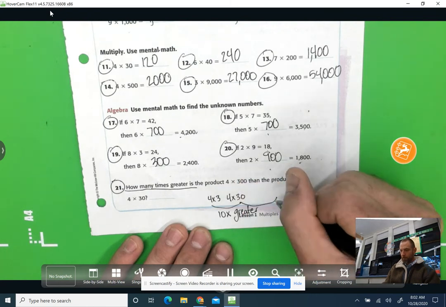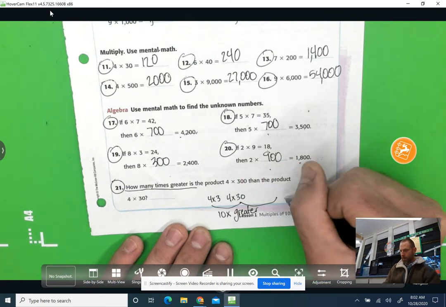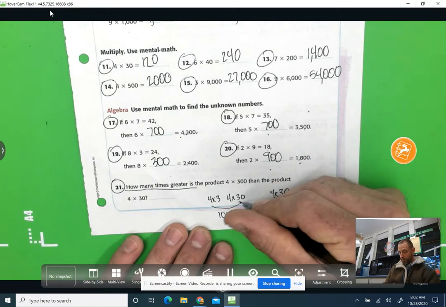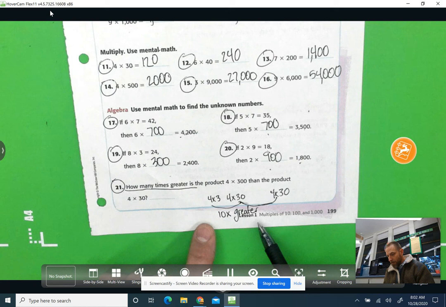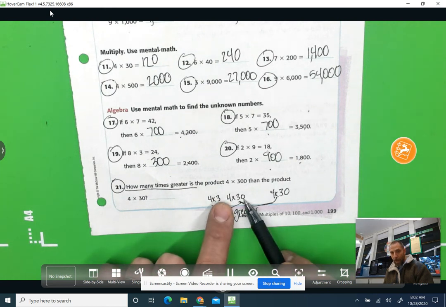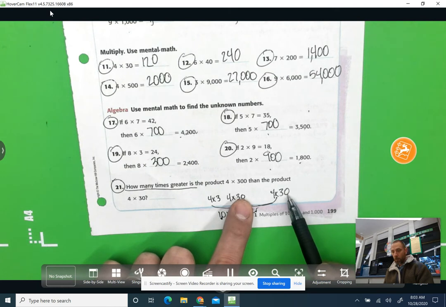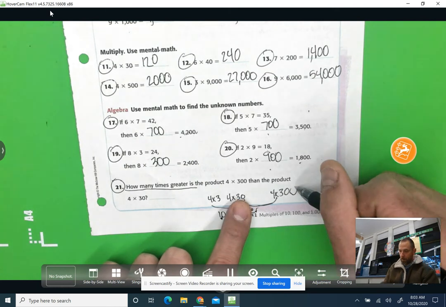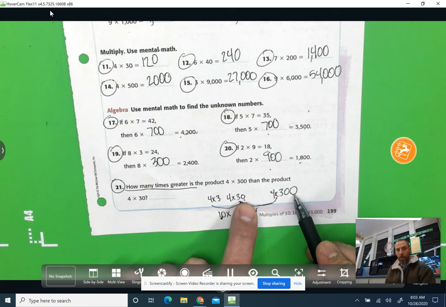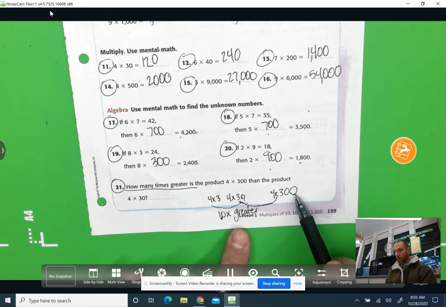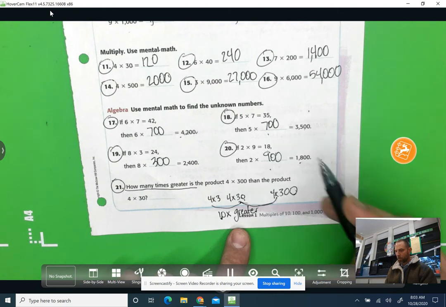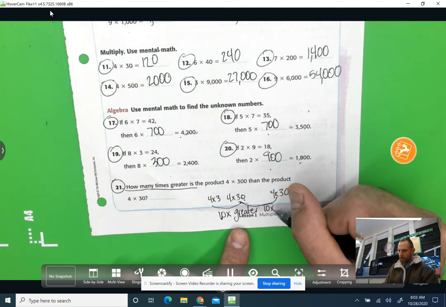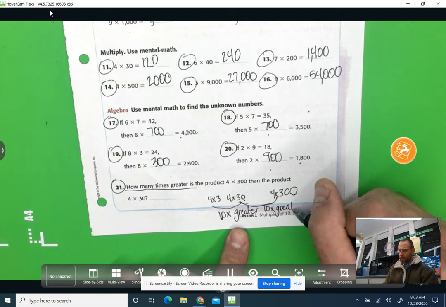Okay, so if we go from 4 times 30 to 4 times 300, if you notice here, 10 times greater means that you add 1 zero. So if we're at 30 and then we go to 300, how many zeros did we add? We added 1 more. We went from 30 to 300. We added 1 extra zero, meaning that is 10 times greater.